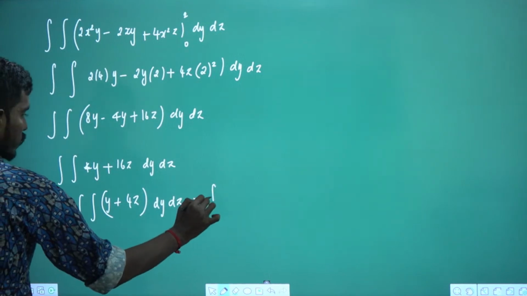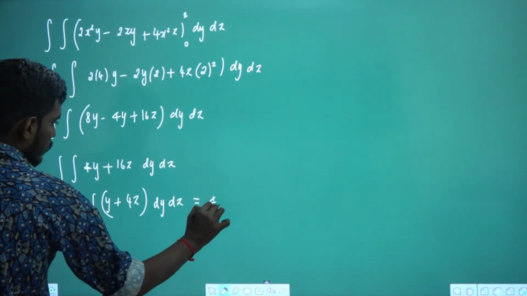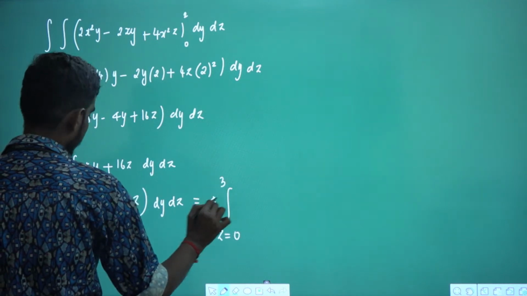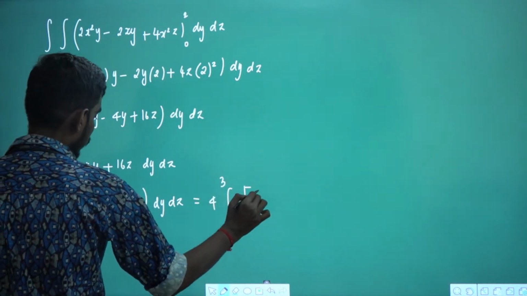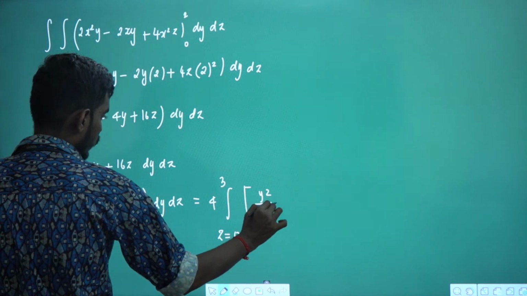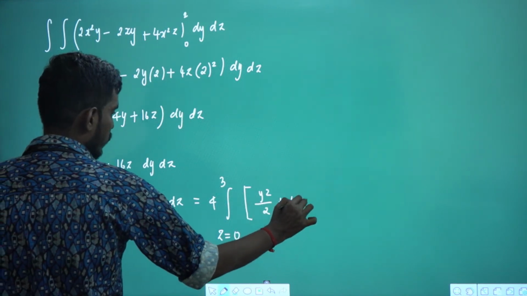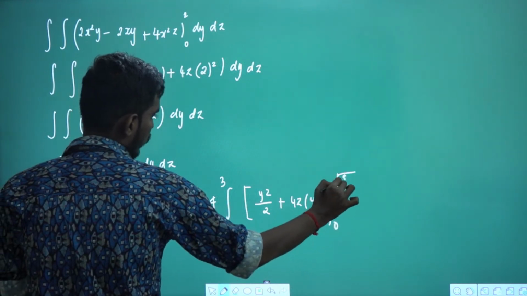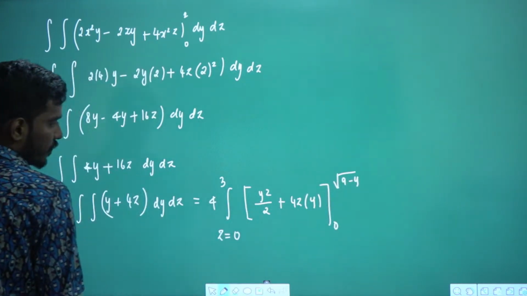So with respect to z varies from 0 to 3. If I integrate with respect to y, the integral of y is y square by 2, plus 4z, the integral of dy is y. So 0 to root of 9 minus z.